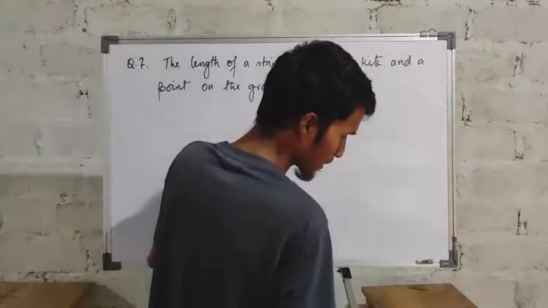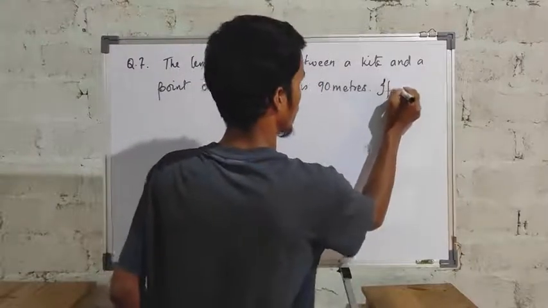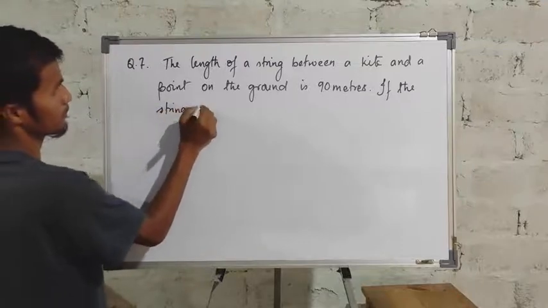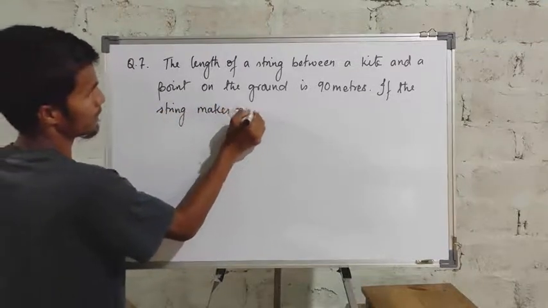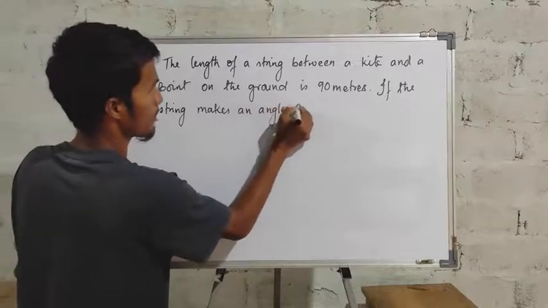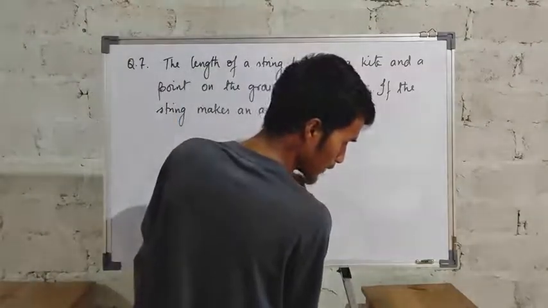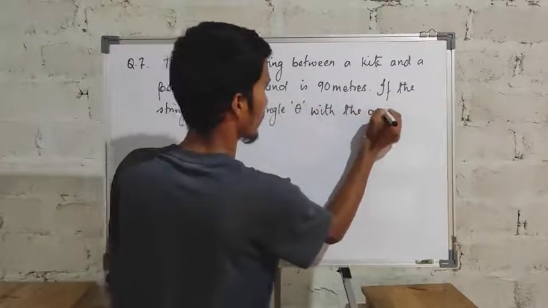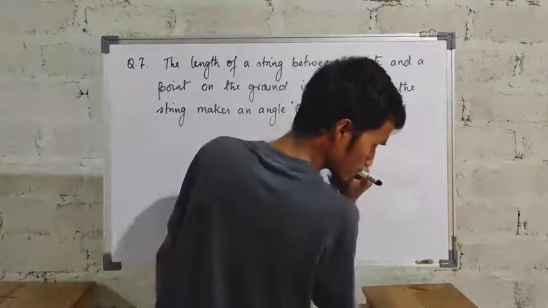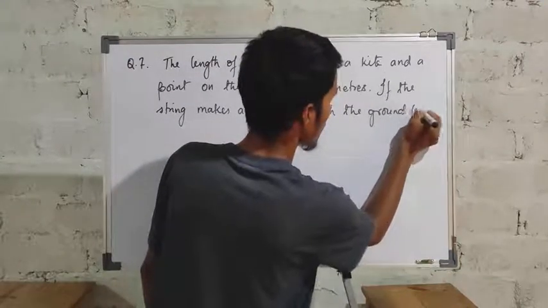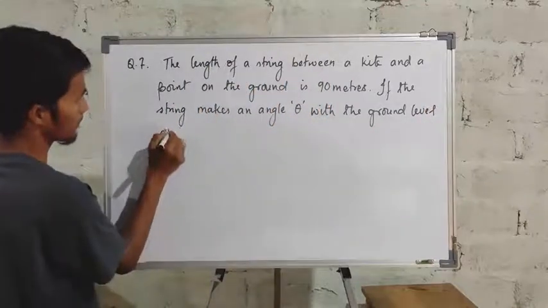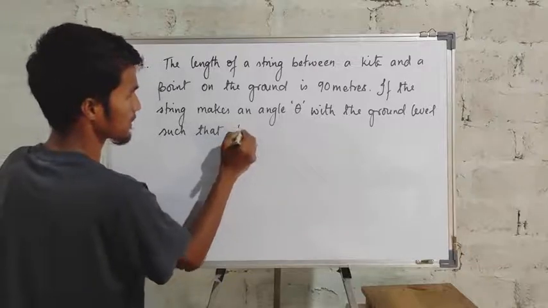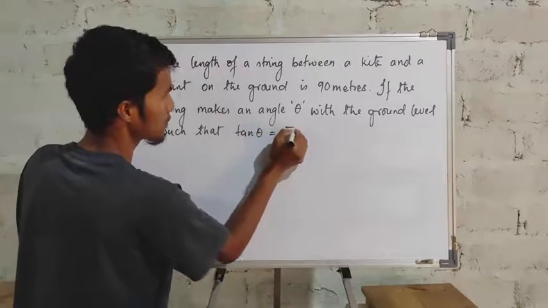If the string makes an angle theta with the ground, such that, suppose that tan theta is equal to root 3.